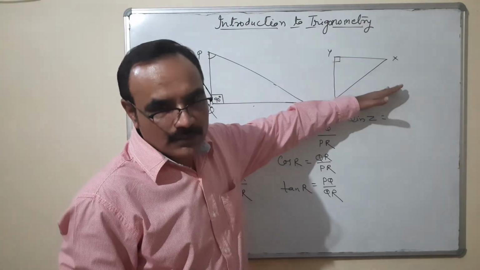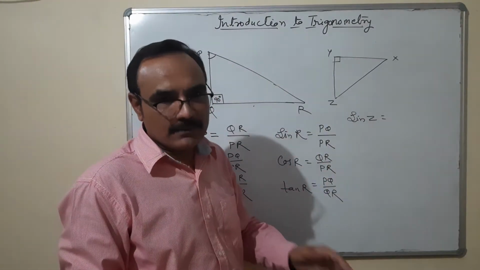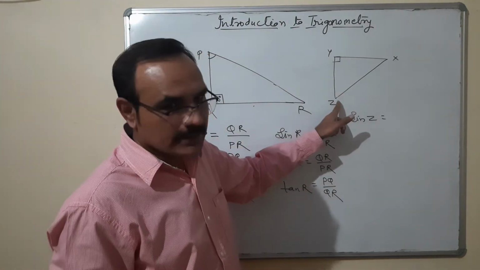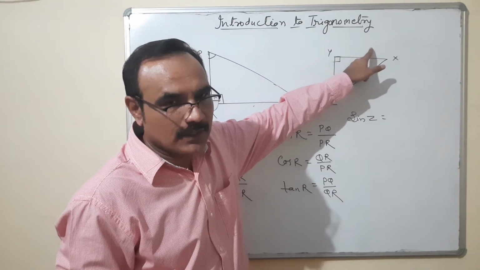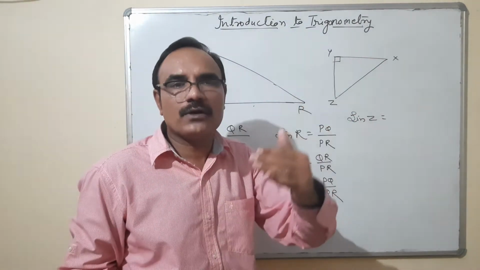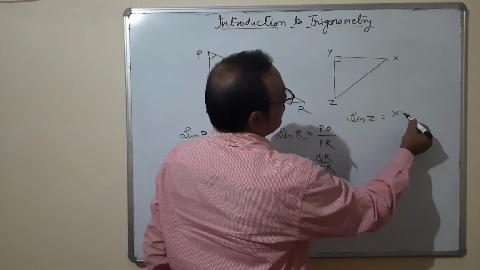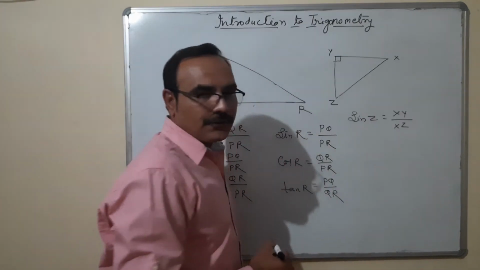Hypotenuse is fixed, which is opposite to 90 degrees, and the remaining is the base. So you'll never make a mistake when writing the ratios. Sine Z, its opposite side is the perpendicular. And sine is perpendicular upon hypotenuse, that is XY upon hypotenuse XZ.